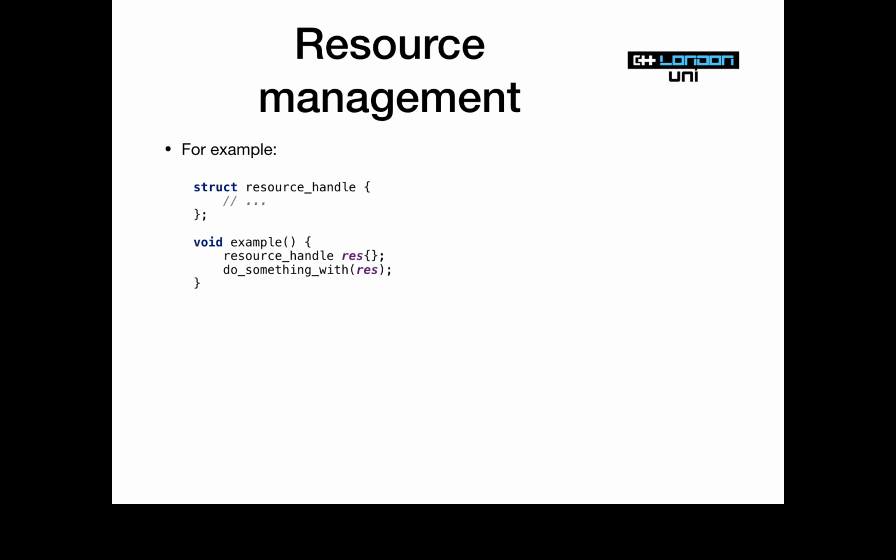But now, we don't have to explicitly release our resource. Because as soon as we leave this block, as soon as we leave the function, by the language rules, res is going to be destroyed. Right? Res is going to be destroyed, so its destructor function is going to run.